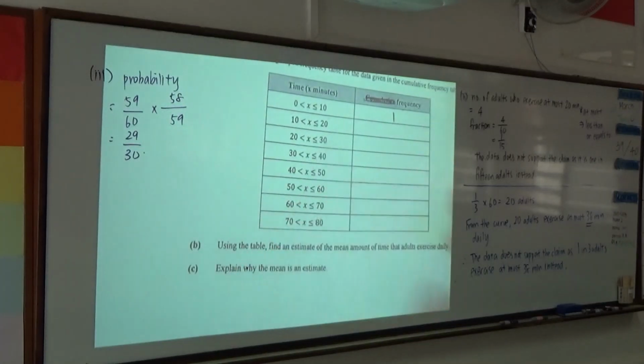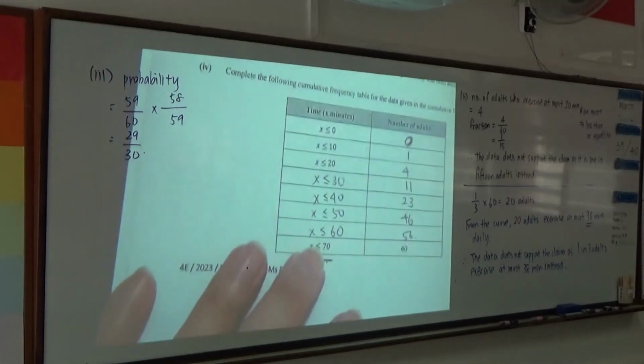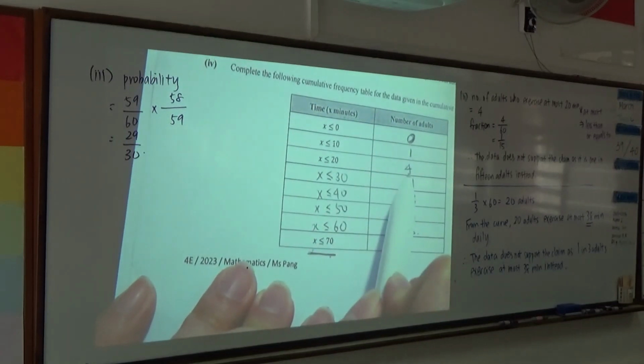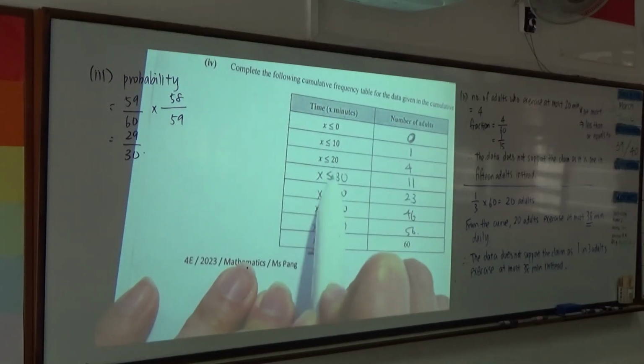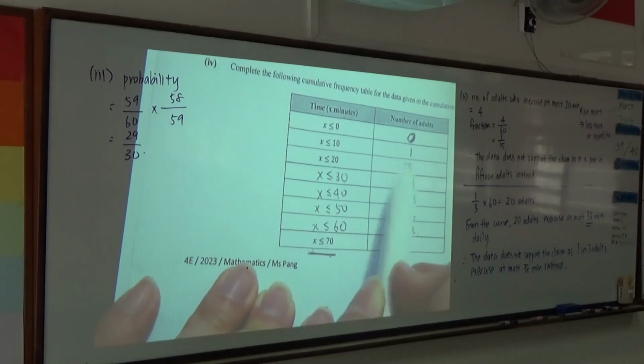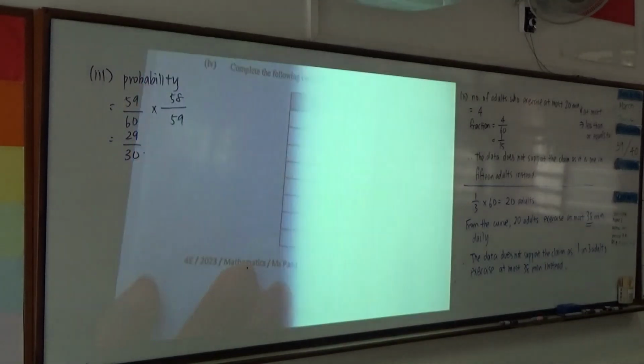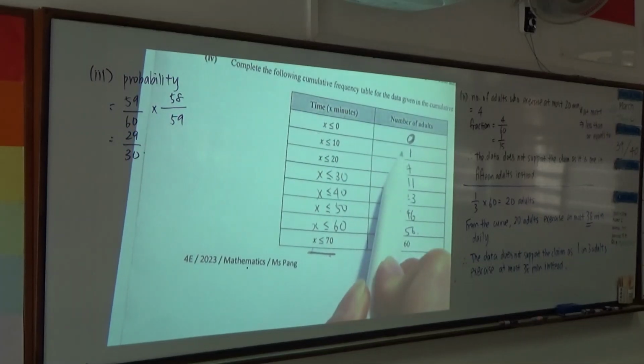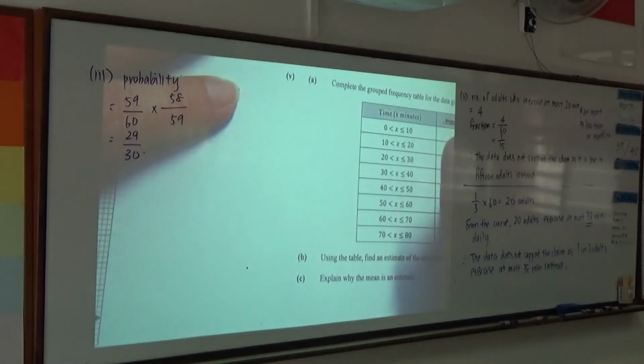And then 10 to 20 is in between. There are 4 adults that exercise less than or equal to 20, but out of these 4, one of them is less than or equal to 10. So I need to take 4 minus away 1 in order to figure out the value of 3.